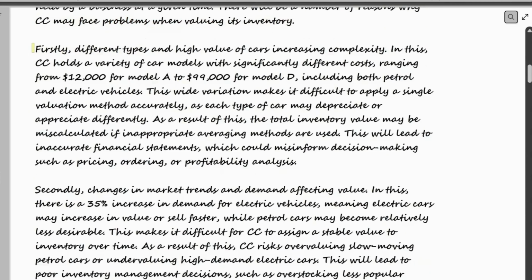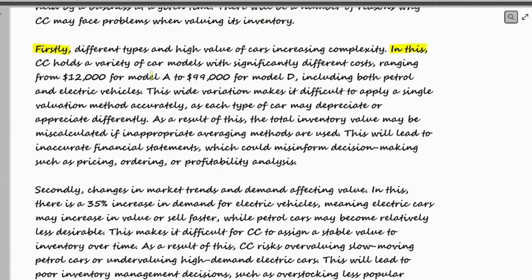Firstly, the first reason is coming in: different types and high value of cars increasing complexity. Your single statement argument. In this, now we are connecting it with the case study. CC holds a variety of car models with significantly different costs, ranging from $12,000 for model A to $99,000 for Model B, including both petrol and electric vehicles.